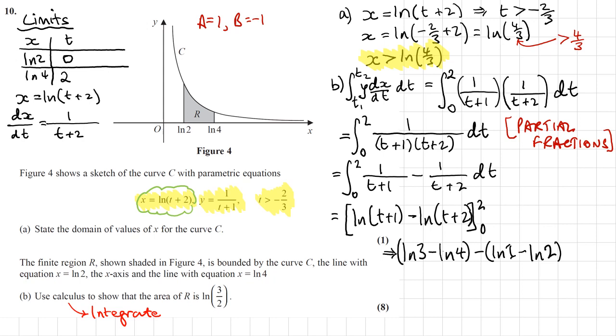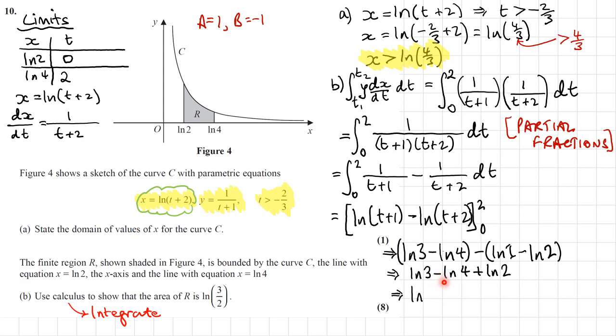So this will become log 3 minus log 4, the log 1 disappears because it's 0, and then minus log 2, so plus log 2. All of these logs can be put together, so I'll end up with the natural log of log 3, subtracted by log 4 plus log 2. That's going to be multiplied, but that's all going to get subtracted from the log 3.